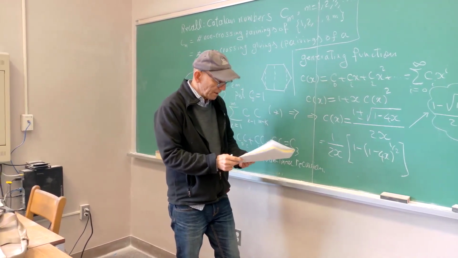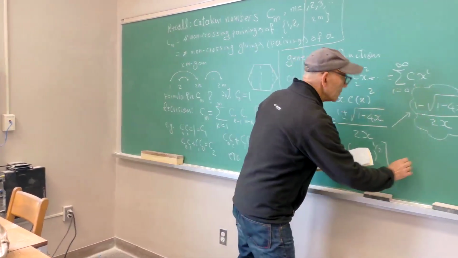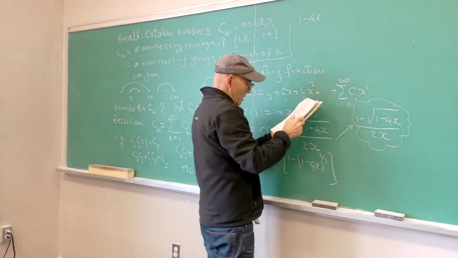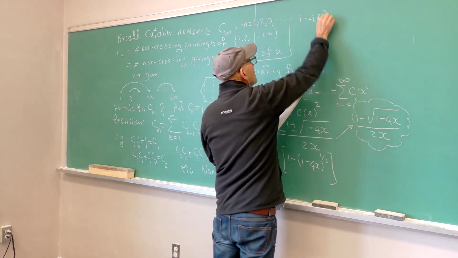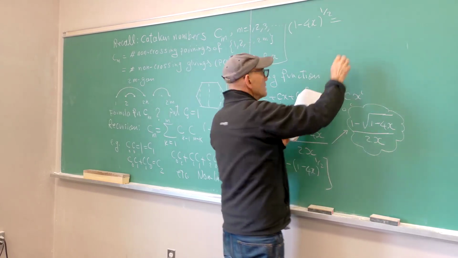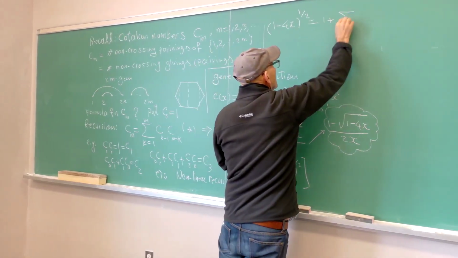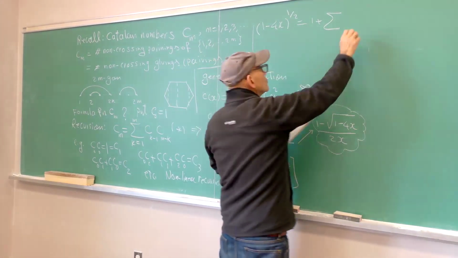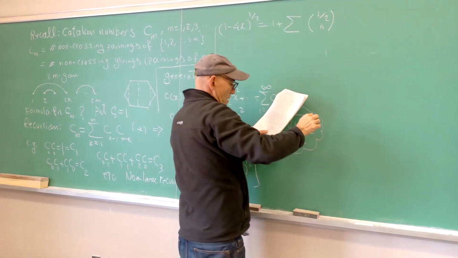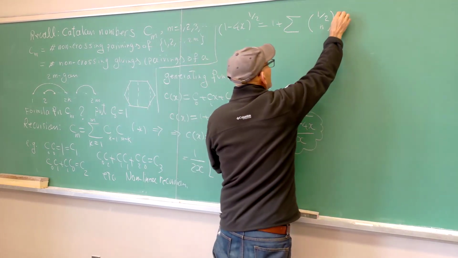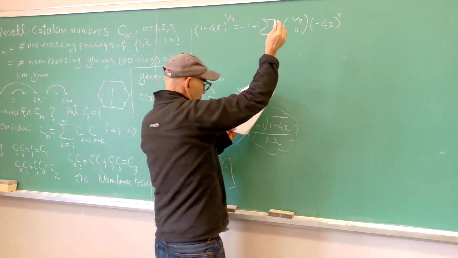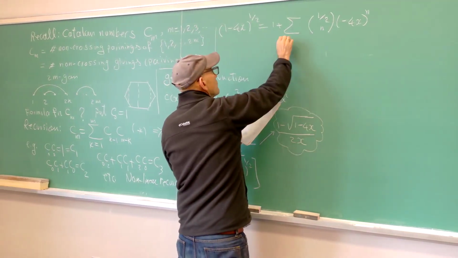But this expression, 1 minus 4x to the power 1/2, is equal to 1 plus the sum of (1/2 choose n) times (minus 4x) to the power n, with n from 1. 0 is here, n from 1.